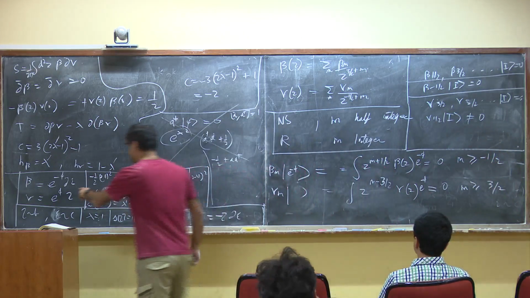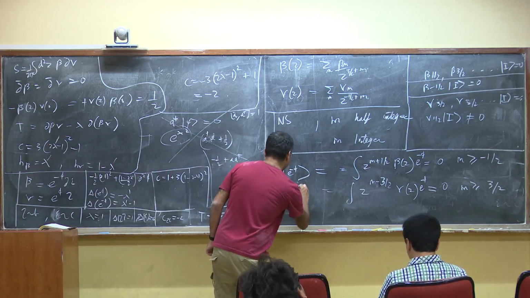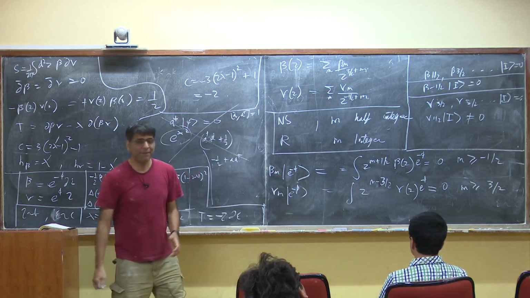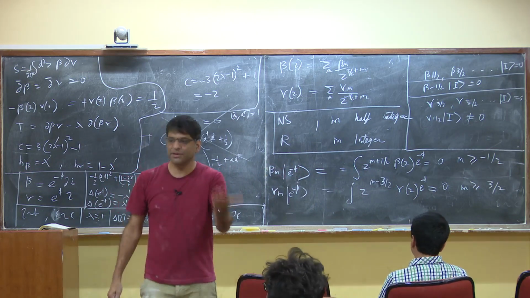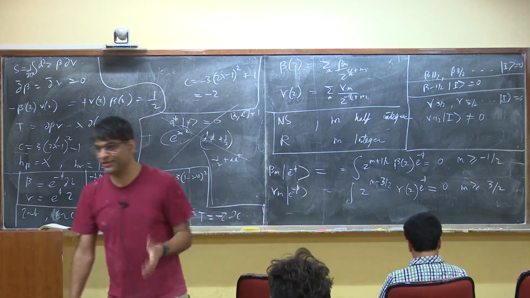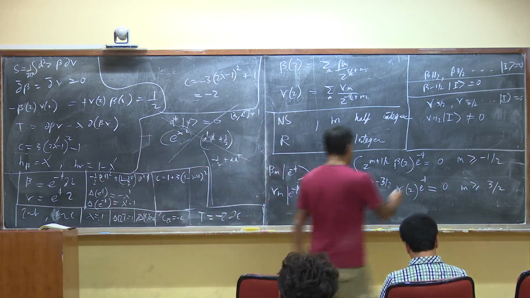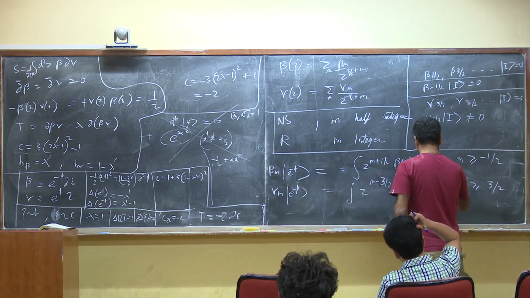Beta was e to the power minus phi, right? Yeah, beta was. Do you remember e to the power minus phi with e to the power minus phi was 1 by z? That was one of the first things we did in the lecture. But e to the power minus phi with e to the power plus phi was z. Okay, so now suppose we've got this at 0.